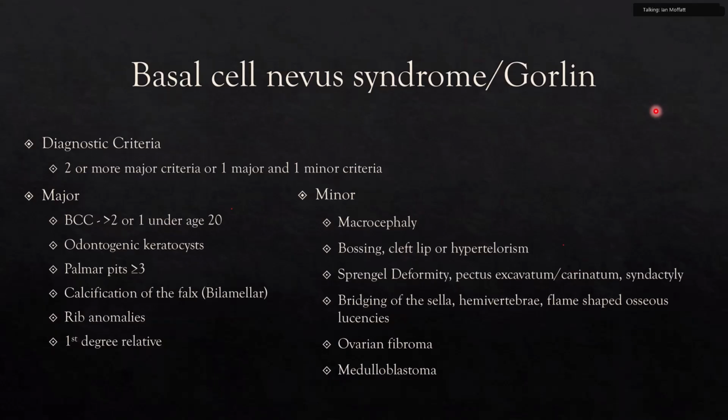And then the minor diagnostic criteria are macrocephaly, frontal bossing, cleft lip, hypertelorism, Sprengel deformity, pectus excavatum or carinatum, syndactyly, bridging of the sella, hemivertebra, flame-shaped osseous lucencies, ovarian fibromas, or medulloblastomas.